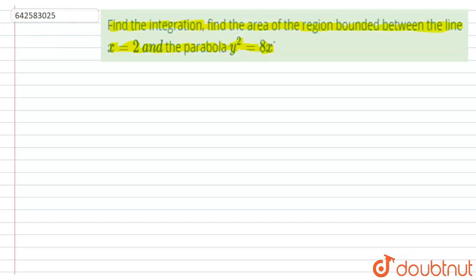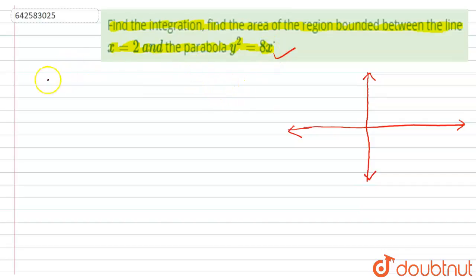So students, firstly for solving this question, we will draw the diagram. Let's draw the axes, and then see where the parabola y square equals 8x would lie.